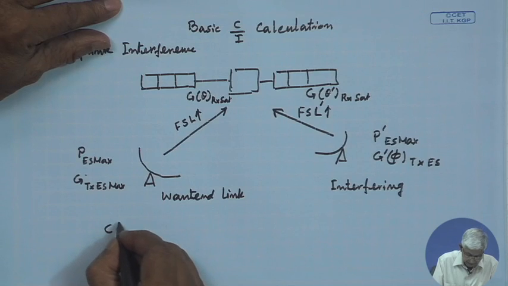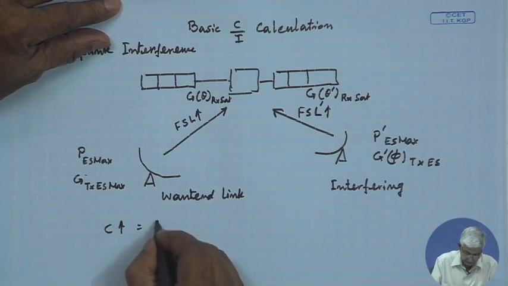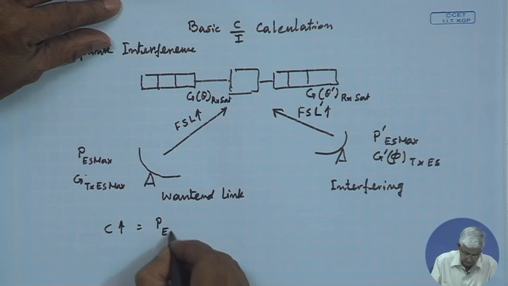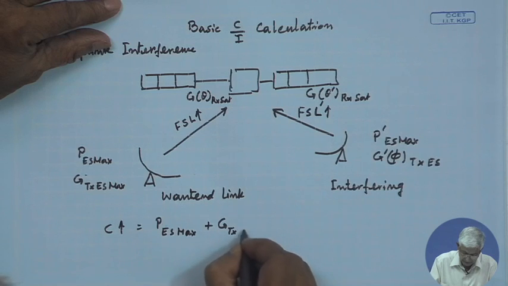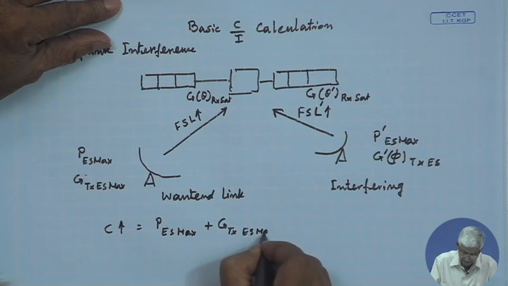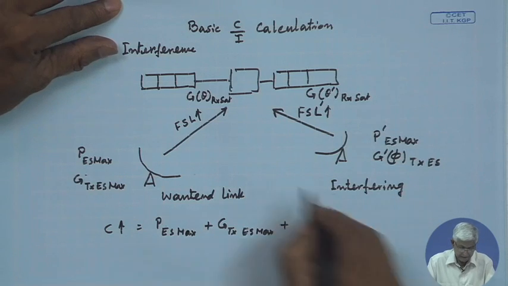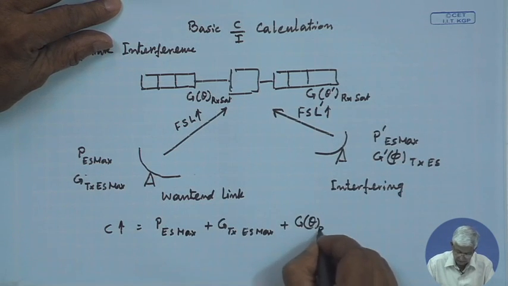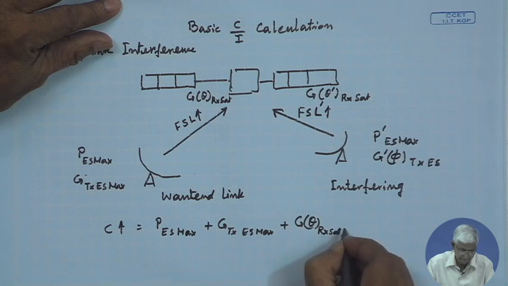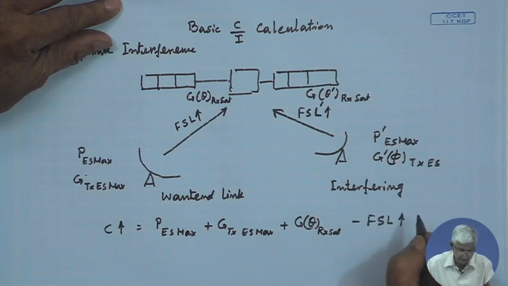So, the carrier power in the uplink from the wanted station is P S max plus G TX a station max plus the satellite G theta receive satellite minus the free space loss in the uplink.